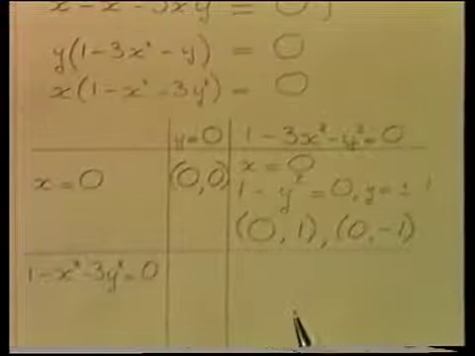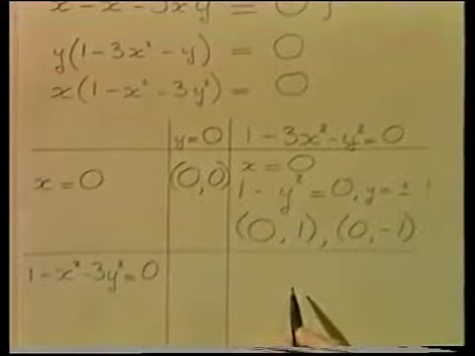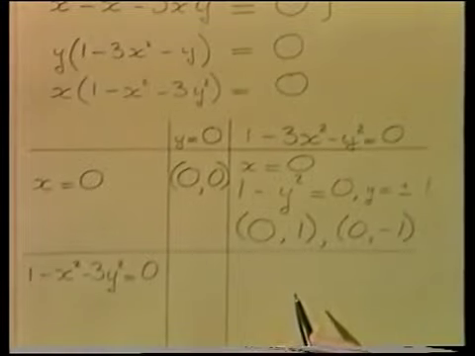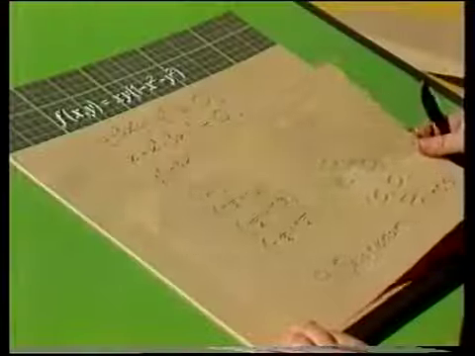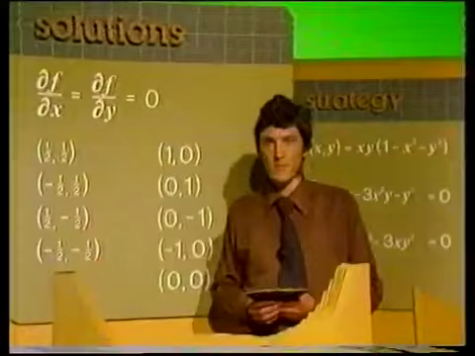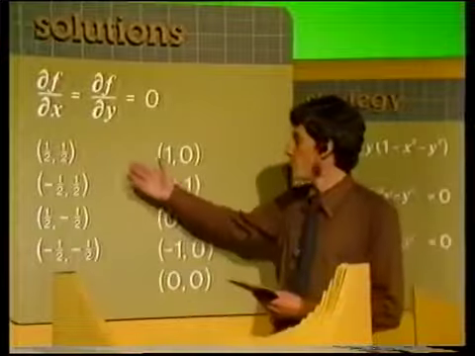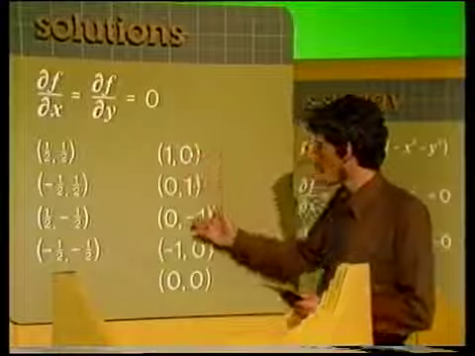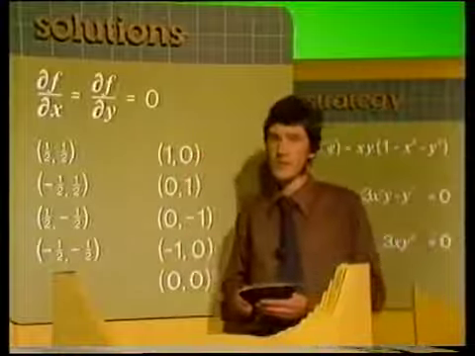In just the same way, we can look at stationary points which occur in these other two cases, and we find another 6 stationary points altogether. So, if we put all of the cases together, we find that we get the following 9 stationary points. So there are 9 solutions in all, and all of them are stationary points.